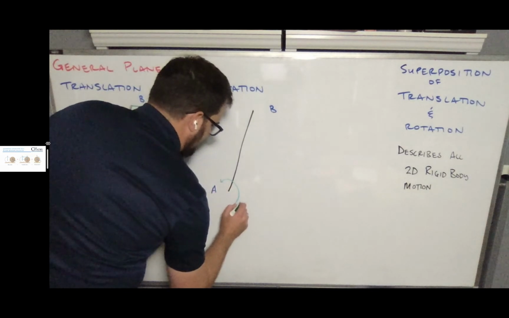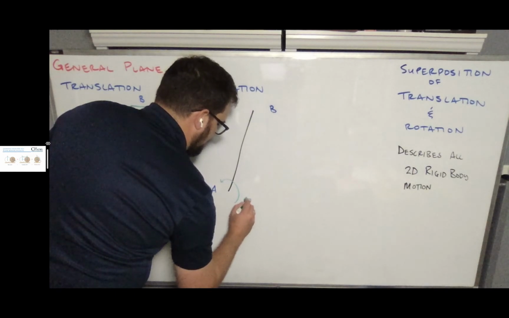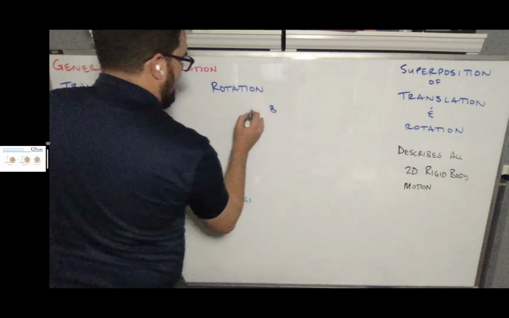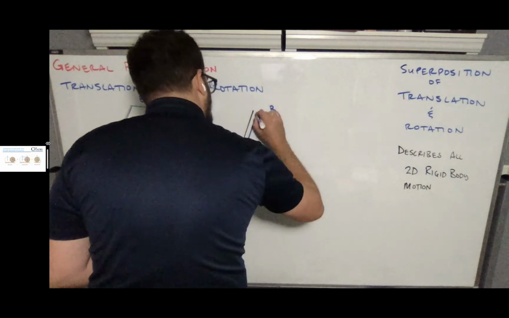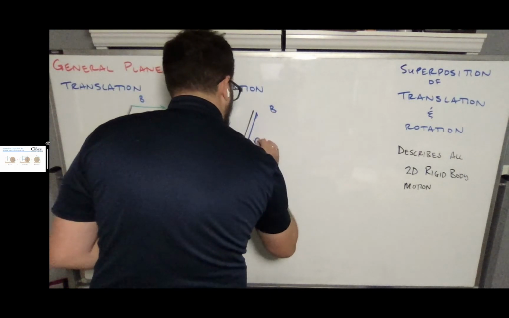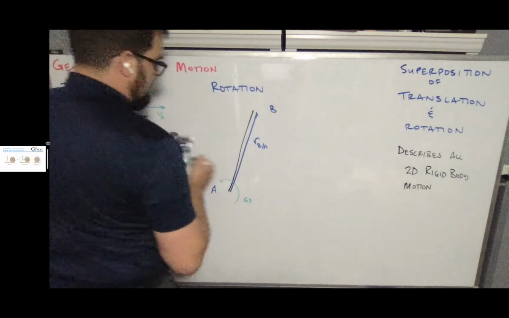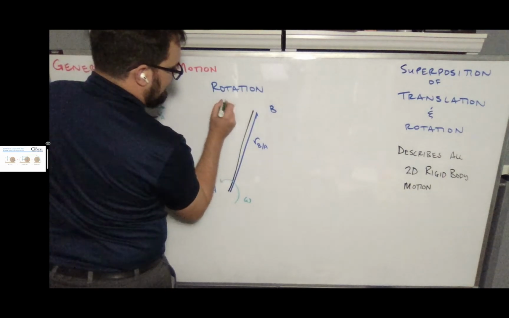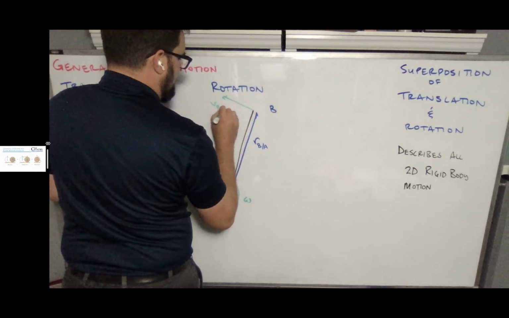So there's our omega. And that means that my omega cross R, so this is going to be R, B with respect to A, and then we'll have that velocity at 90 degrees here. So this is going to be the velocity of point B with respect to A.